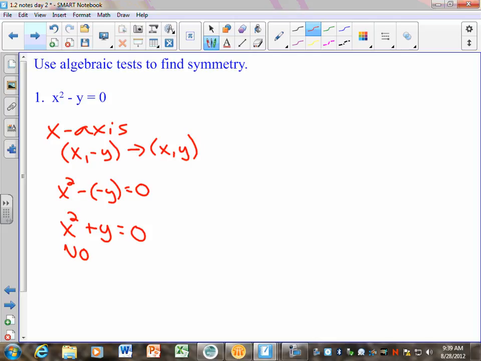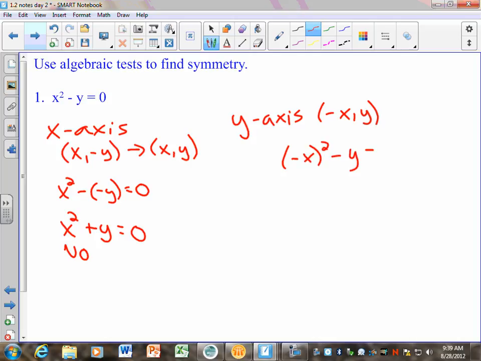So you'll start to be able to do this without a whole lot of work. The y-axis, think about the y-axis, we flip it over the y-axis, so the x is what changes signs, the y stays the same. A lot of times you can just tell by looking. I'm going to show work since it's our only example, but a lot of times you can think about, okay, if I plug in a negative x, is it going to stay the same, or is it going to change?